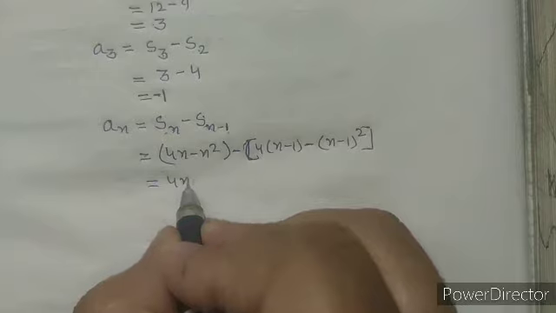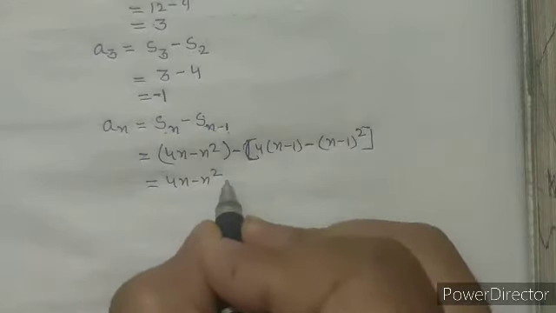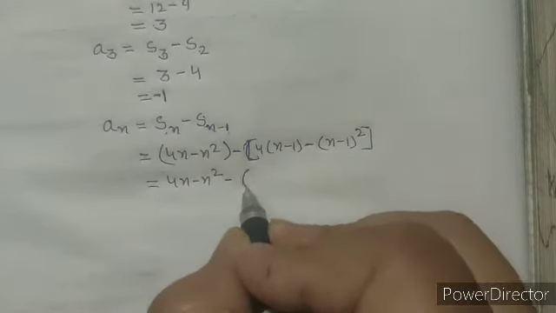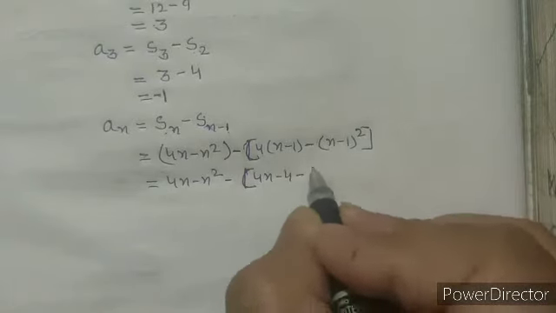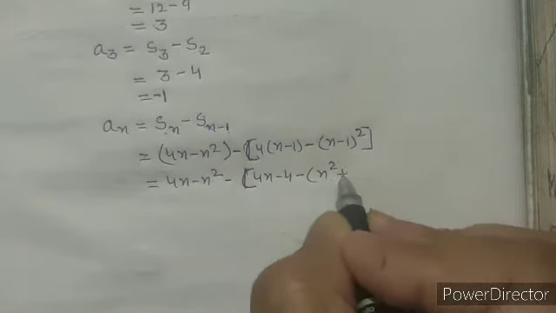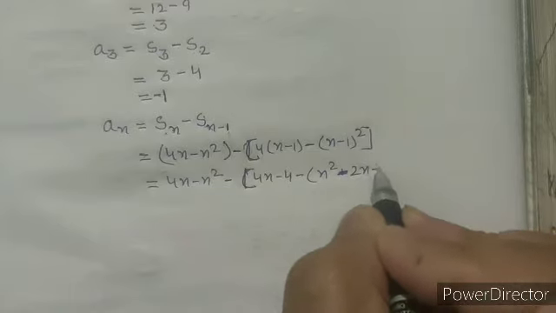And this will give us 4n minus n square minus, this will be 4n minus 4 minus n square minus 2n plus 1.